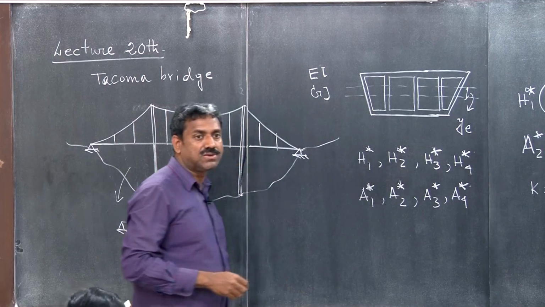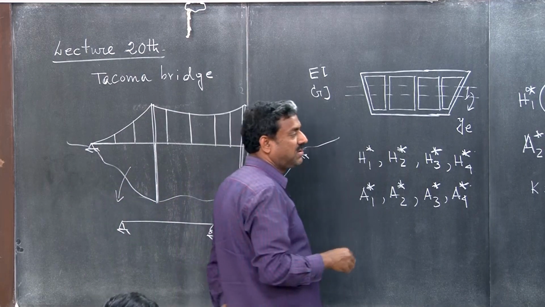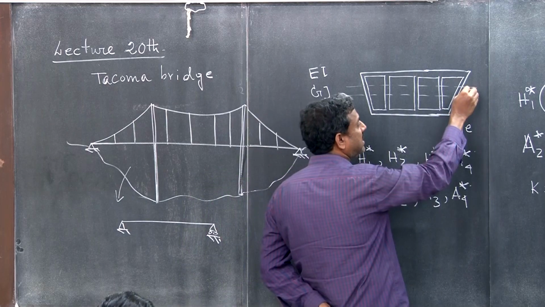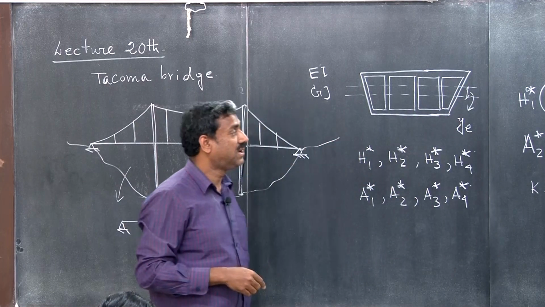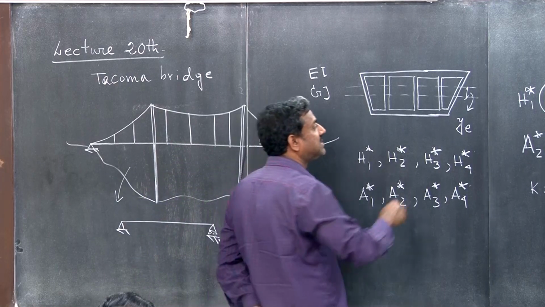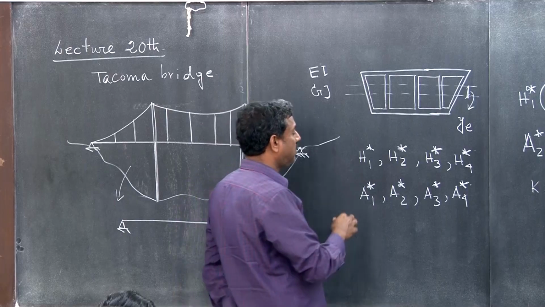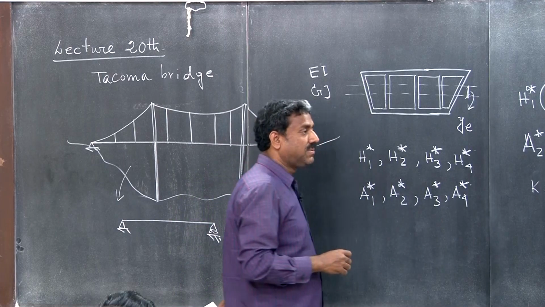J is the St. Venant constant; warping is very negligible here. Then there is a difference between the inertial axis and the elastic axis. That distance we considered as y, and then we introduced several flutter derivatives.